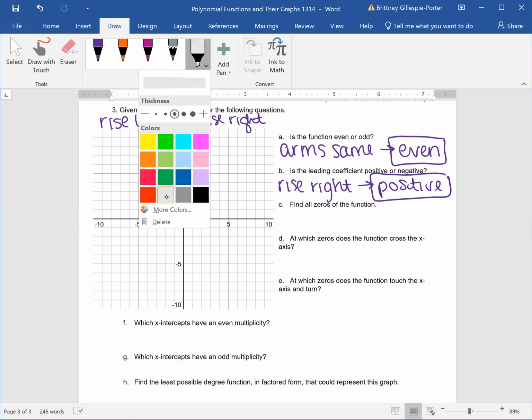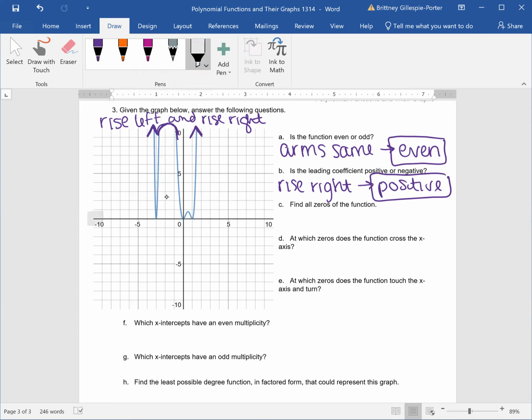Looking at our zeros going along the x-axis, the first one we hit is -3. Then we have 0 and 1.